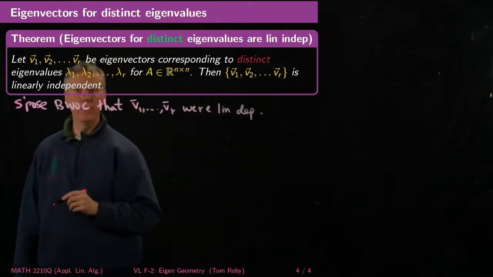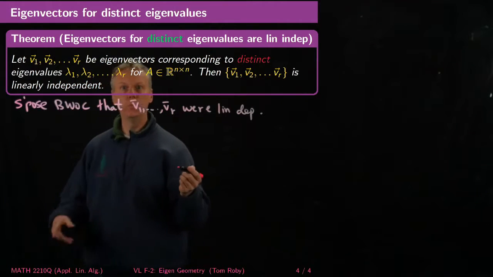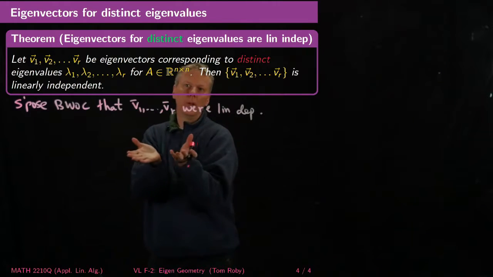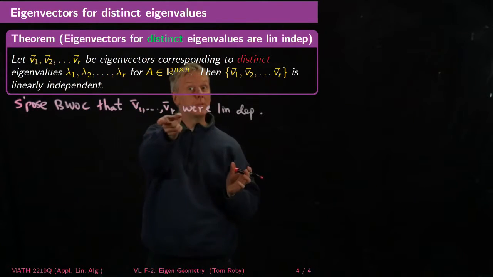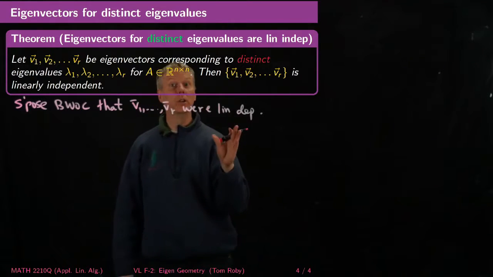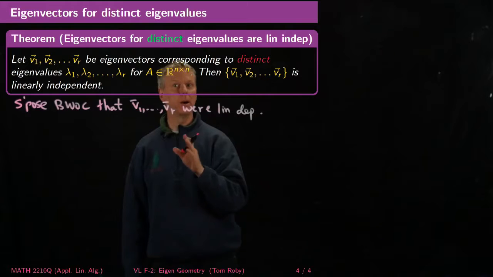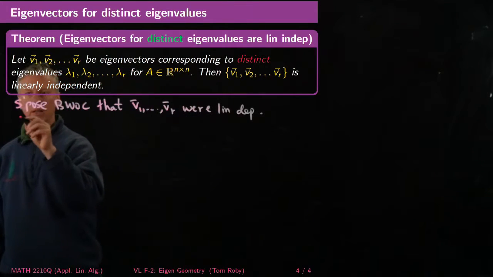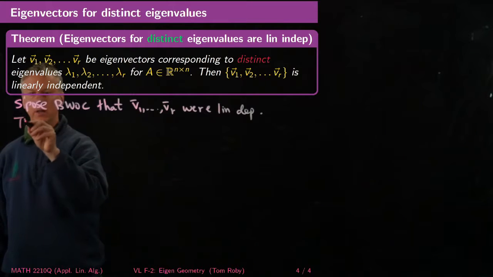Well, if that were true, then we know that we could find some linear combination of them that's equal to 0. But we know actually that there has to exist some first vector which can be written as a linear combination of the previous ones. So that's a fact from before.